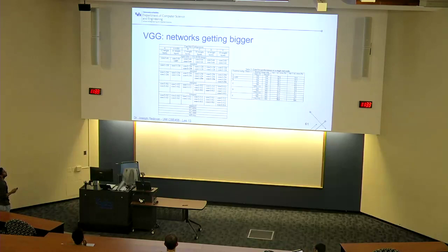You have an initial 224 3-channel input going into the model, which goes through 2 convolutions that have 64 filters each. It then gets downsampled through a max pool.